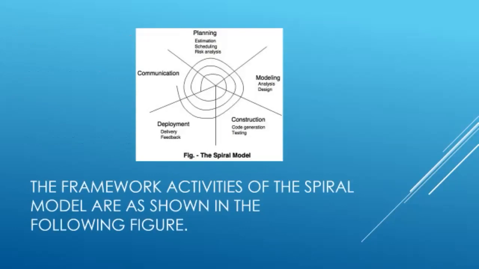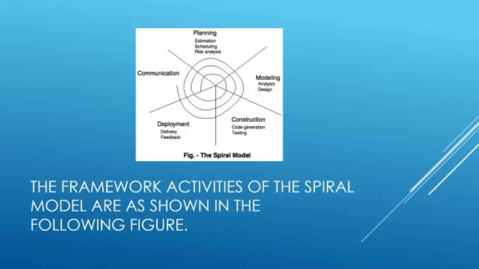In that, there are 5 phases in this spiral model. First one is communication, next planning, third modeling, fourth construction, and fifth deployment. In the communication phase, we are gathering all the information.